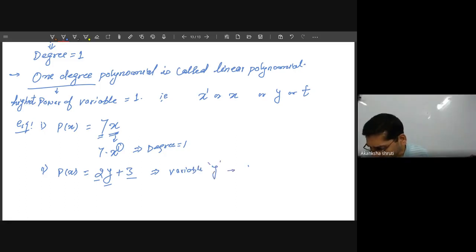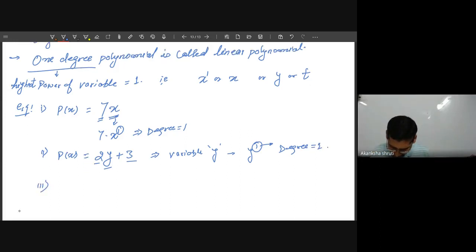And what is the power? y to the power 1. So this means the degree is 1 only. The other example that we may write, student, how many variables are here? It is 1 variable only.